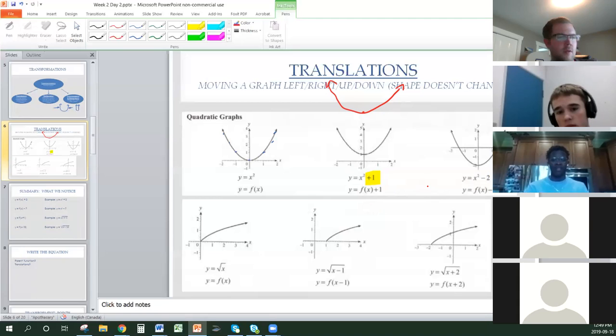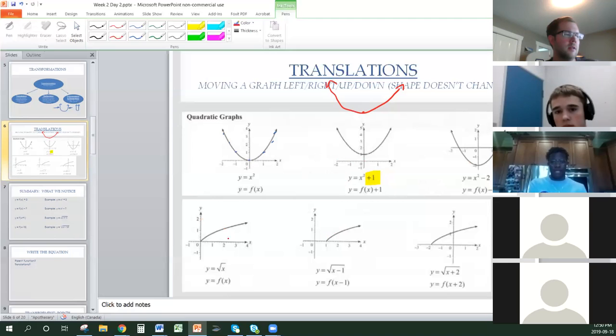If it's -2, it goes down, like the whole graph. Excellent. That's what would be intuitive. If it's +1, it's moving the graph up, and if it's -2, it's moving it down 2. So that makes sense.